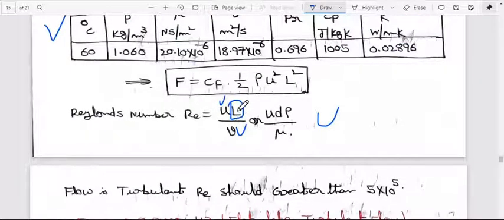Whether the flow is laminar or turbulent is not mentioned in the question, so we would consider the Reynolds number at the transition condition, that means 5 into 10 power 5.